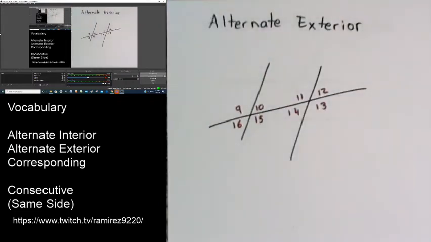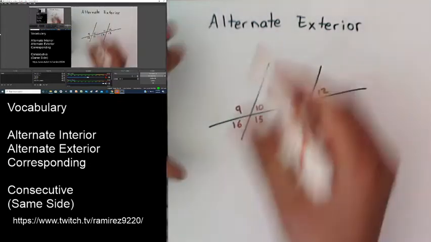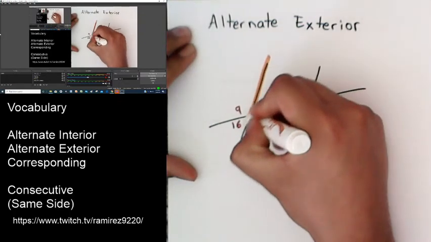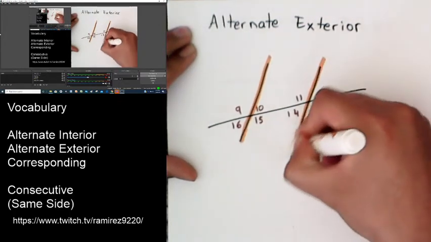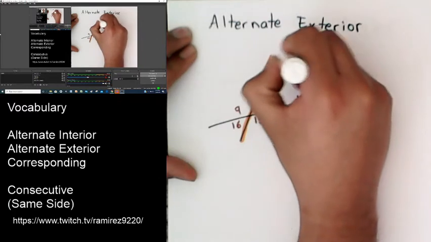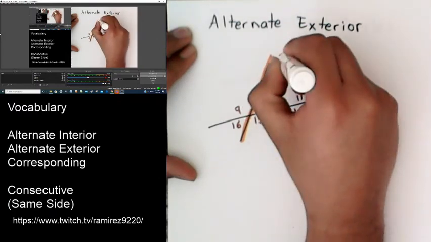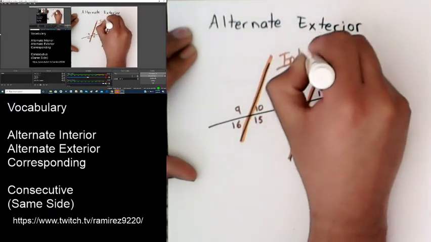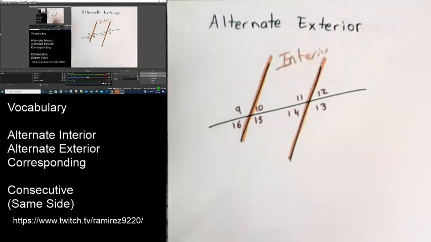Now we have alternate exterior angles. And again, I switched the picture around on purpose, but it's the same thing. Wherever your parallel lines are, in between, that is interior. Outside is exterior. Now remember how I said that alternate just means it's going to be on opposite sides of the transversal.